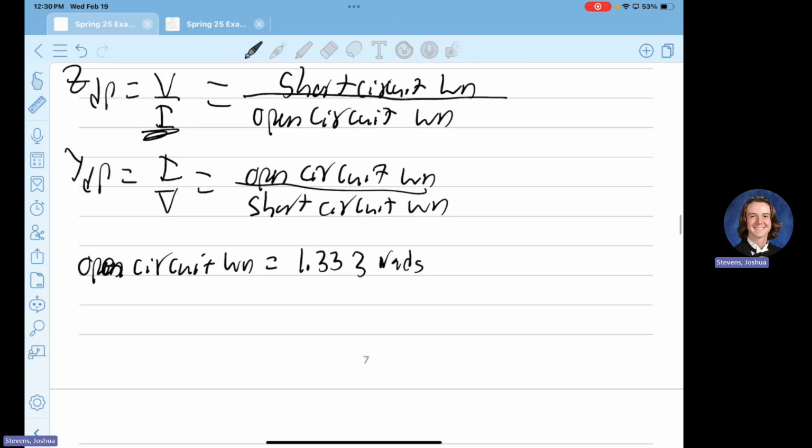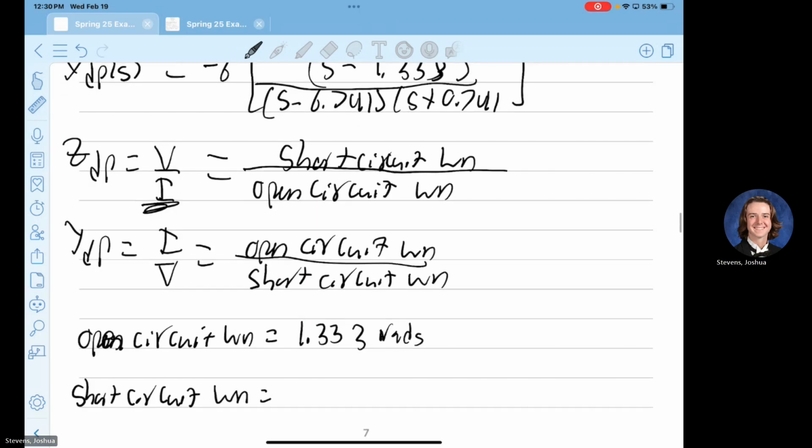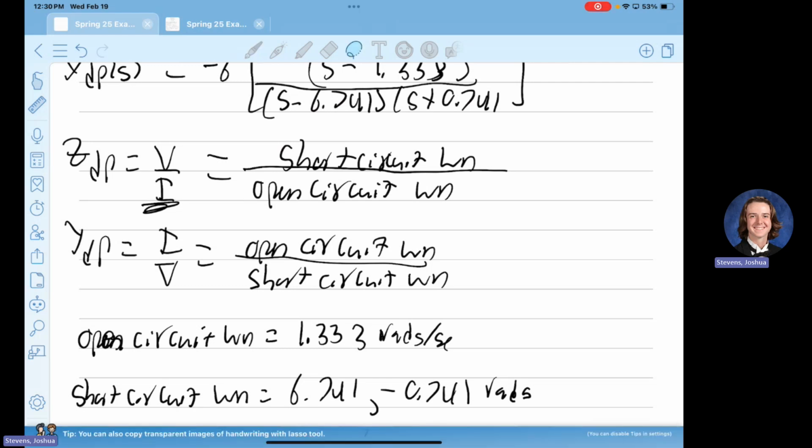So if our numerator has our open, then our denominator has to have our short.